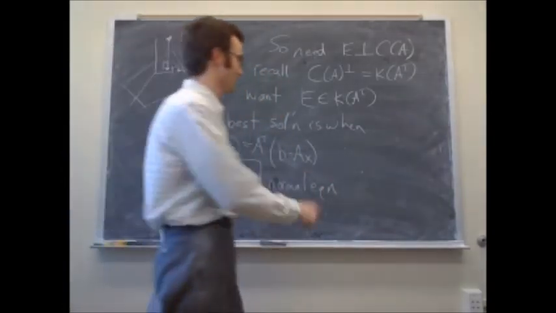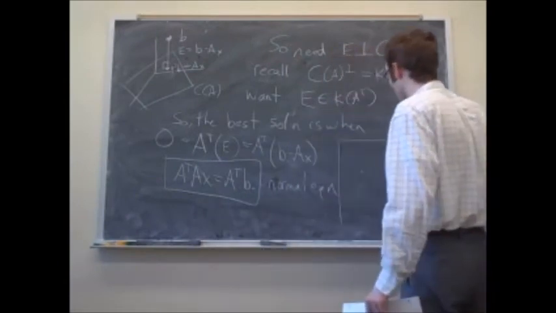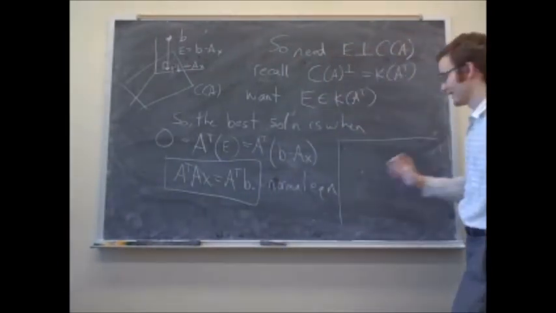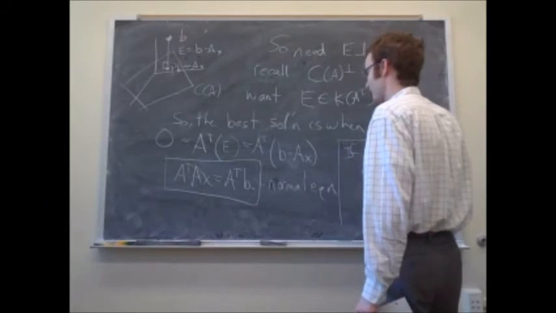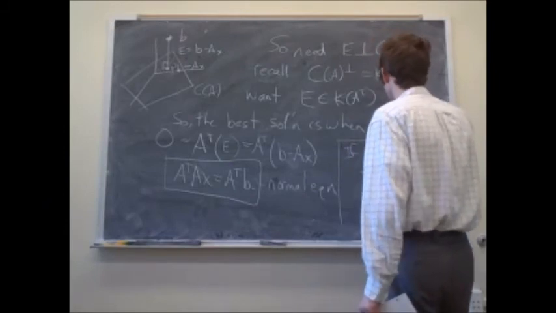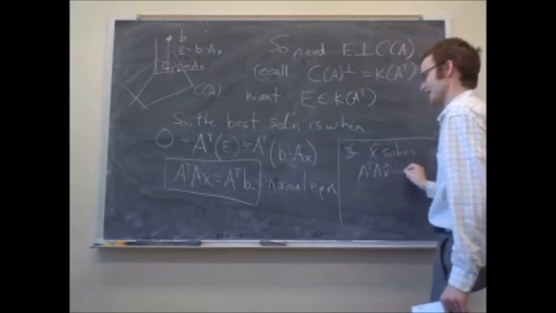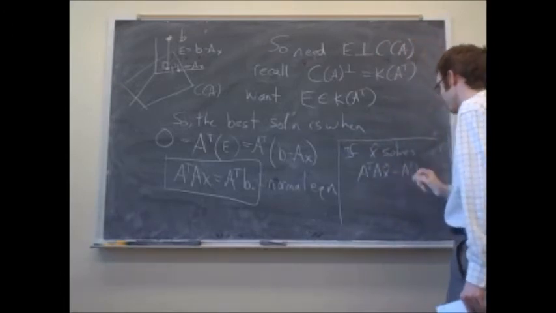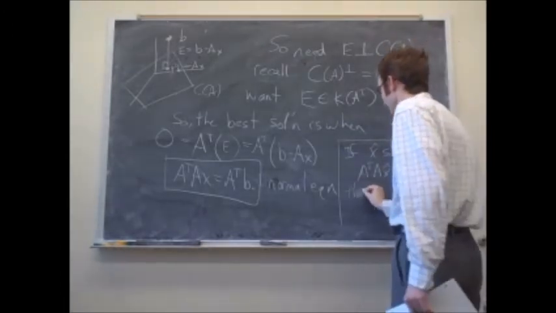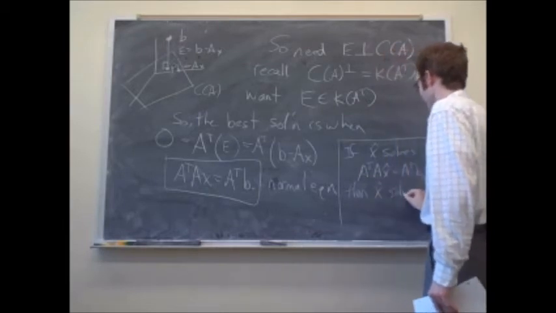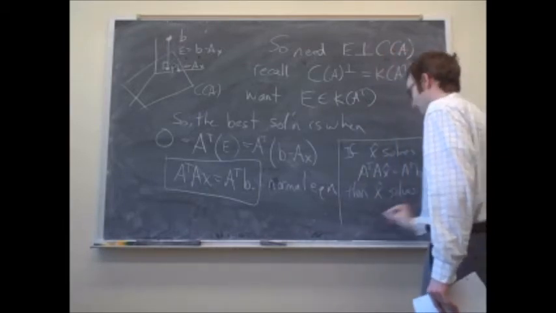So, to explain why this is important, what we just showed is that if x hat solves A transpose A x hat equals A transpose B, then x hat solves the least squares problem.